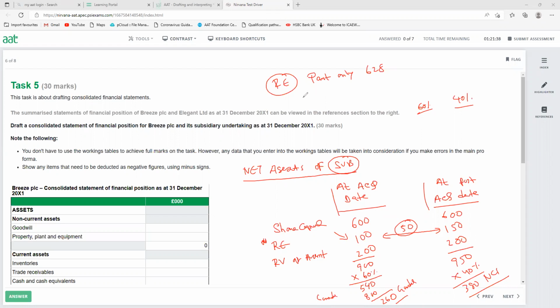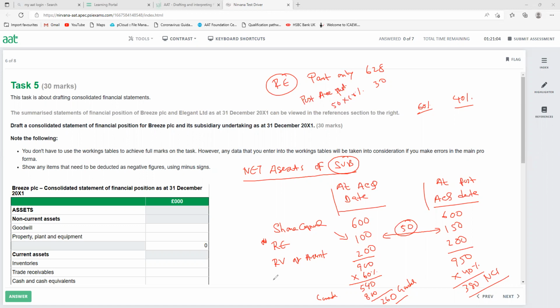So I say post-acquisition profit, 50 times 60%, and that gives me 30. So I'm going to take 60% of the profit from the subsidiary that we make together because I buy 60% of that company. All right, so I think this is our one workings.